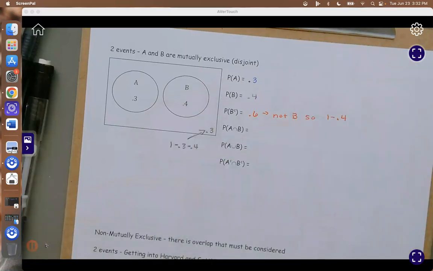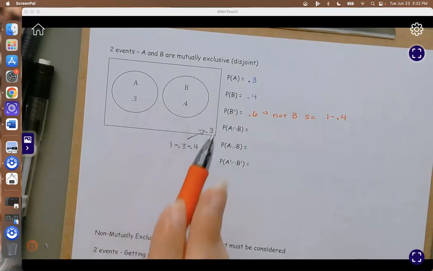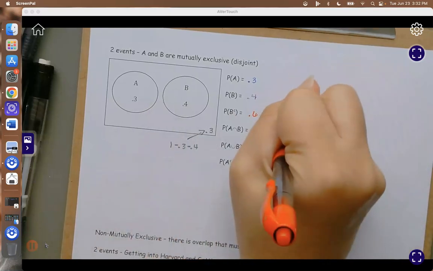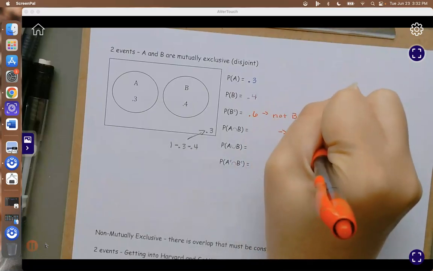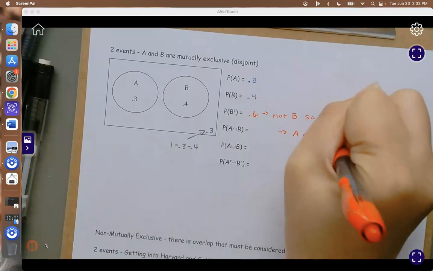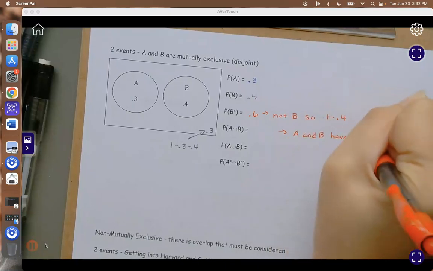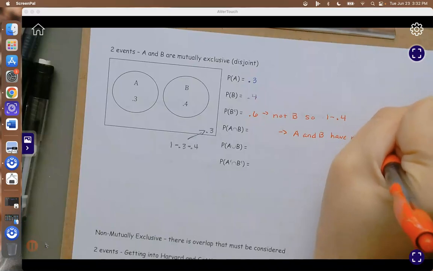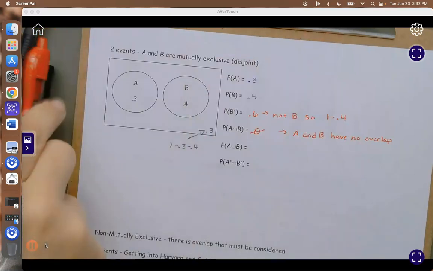Alright, then what's the probability that it's A and B? A and B have no overlap. So this one does not exist.